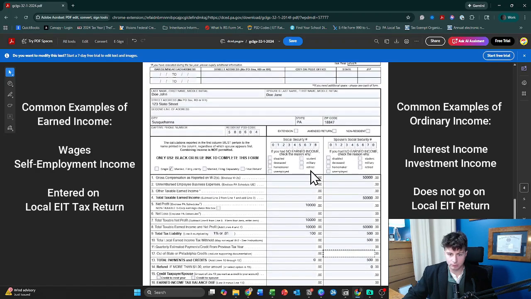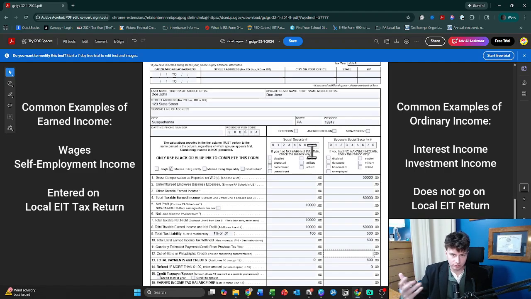You have to remember that earned income is different than passive income. Earned income is basically any sort of business income that you might have, or any sort of work that you might do for a company. So if you're a W-2 employee, that's work that you earned, compared to interest income, which is not earned income.